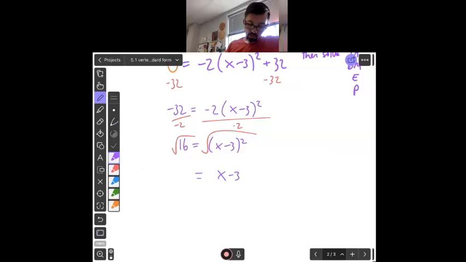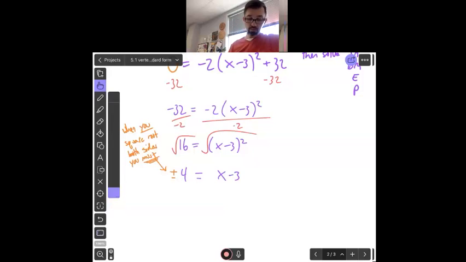And so as we write 4 here, we also need to write plus minus. So when you decide to square root both sides, you must put in the plus minus.